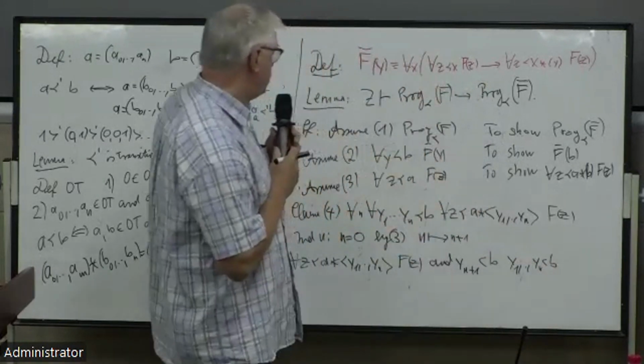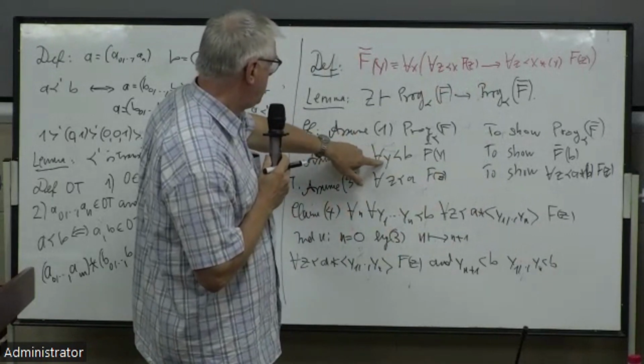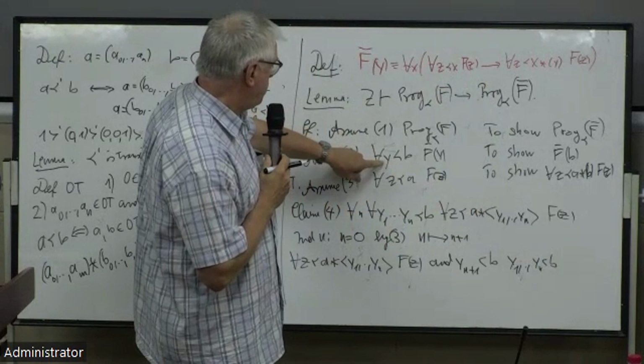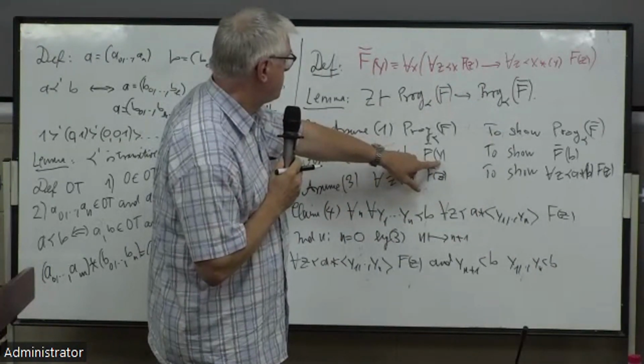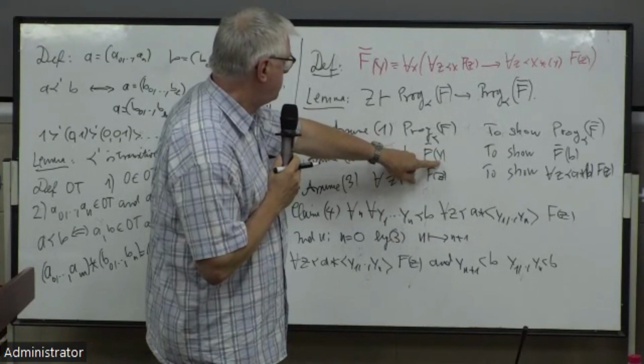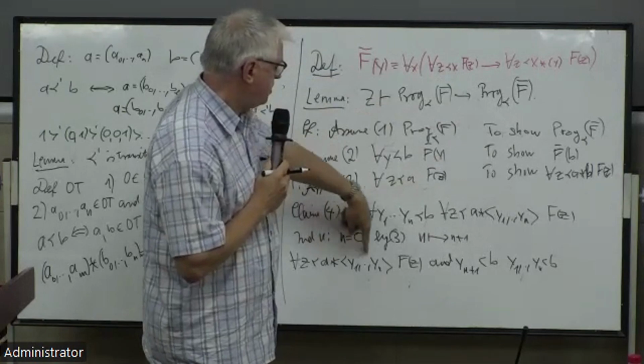Now we check 2. For all y less than b, f bar of y. And for this x, I take a star y1 to yn.